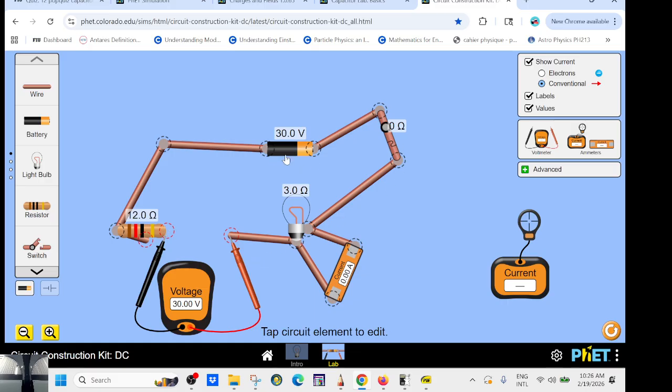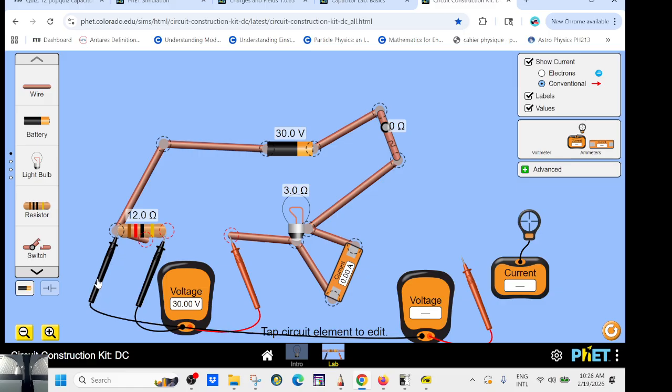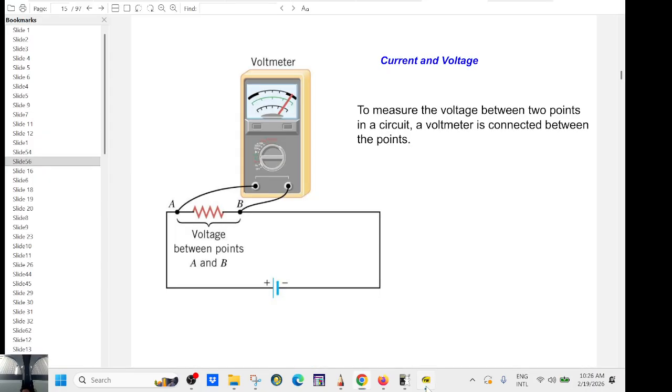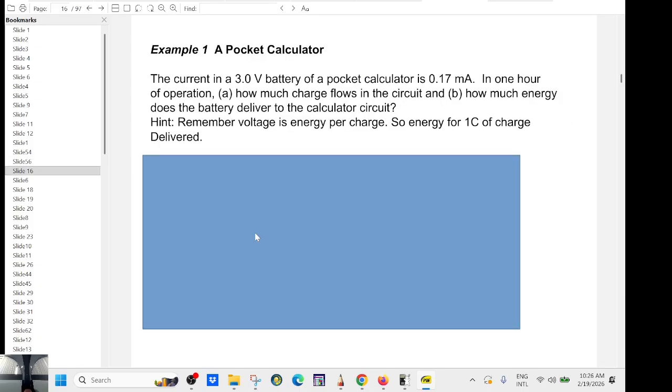So you are just measuring the voltage across the battery. If there is no current through a load, there is no voltage drop. See, if I measure the voltage drop now across here, nothing.